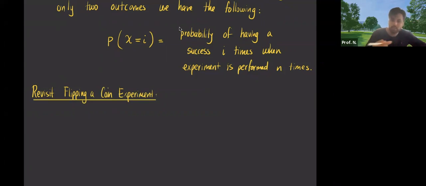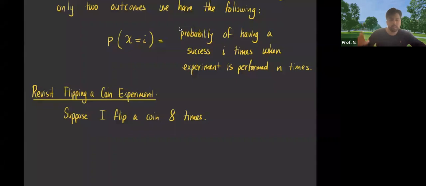Now, suppose I do this 8 times. So suppose I flip a coin 8 times. You see how when I flip it 8 times, each time it's independent of the other times that I flip it. And every single time I flip that coin, I only have 2 outcomes, heads or tails.